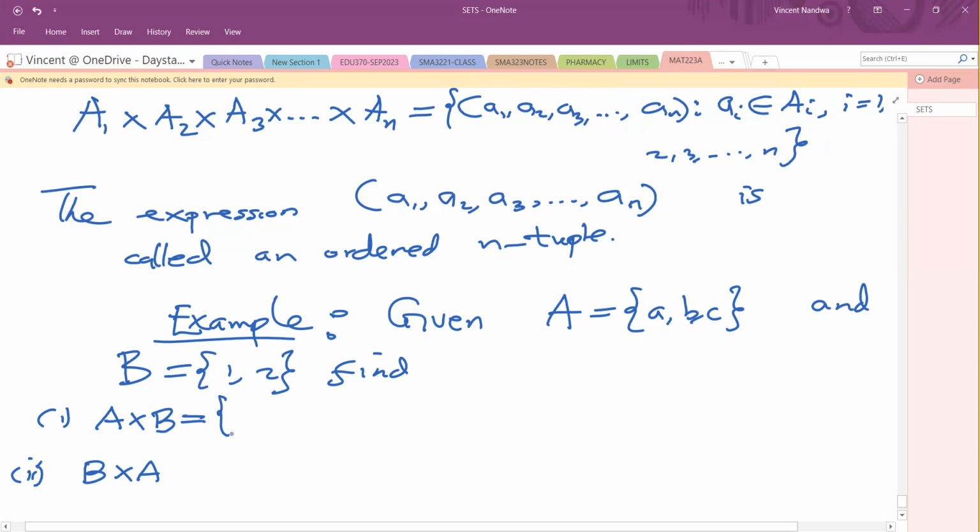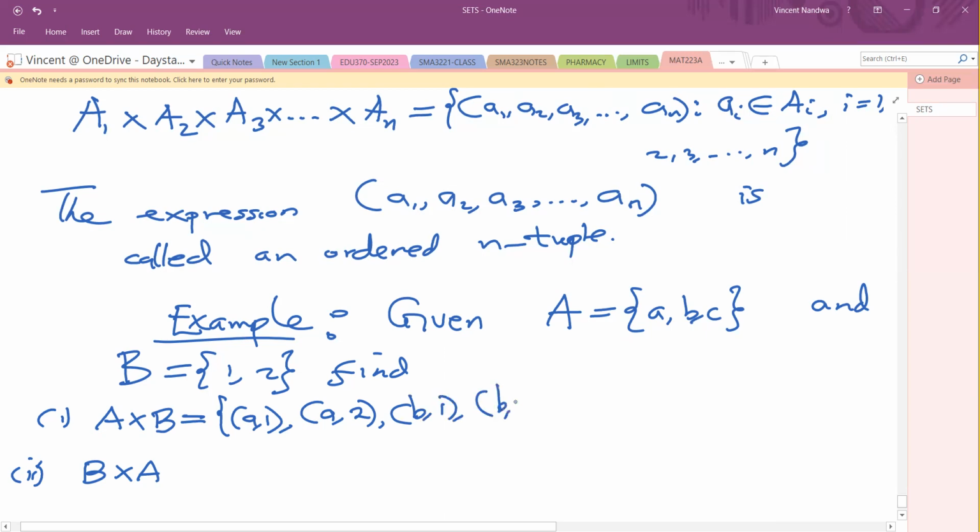So this is how you work it out. Remember, order matters. Which means that we'll have pairs such that in each pair, the first number comes from set A when we are defining A cross B, and the second number comes from set B. So we'll have (a, 1). So this a you pair with 1. Then same a, pair with 2. Then you go to b. b, you pair with 1.